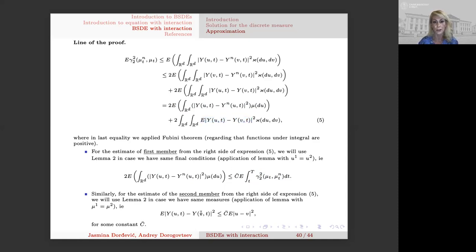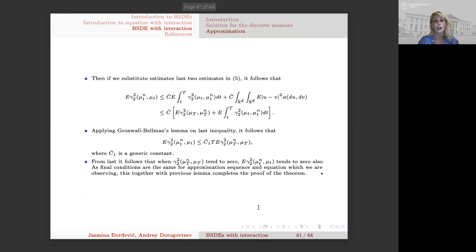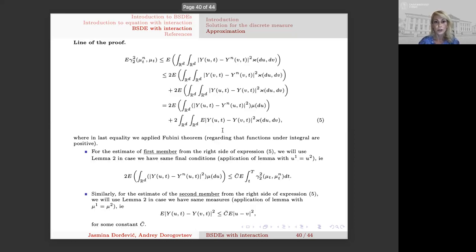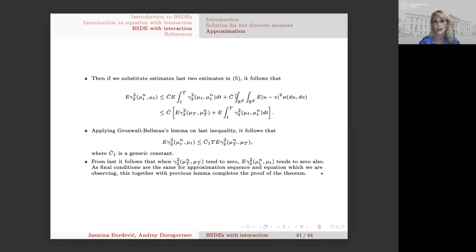Here we have the same measure and a different final condition. Again from the same lemma, this can be bounded by the difference of final conditions. If we substitute those two estimates in equation 5, by the definition of Wasserstein distance for the second member, we get the distance at the final moment capital T.